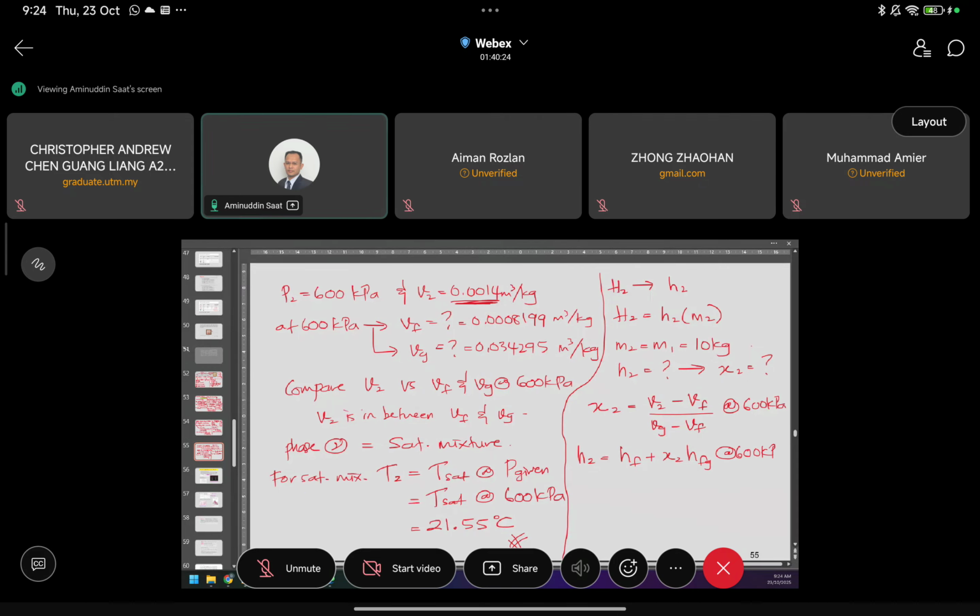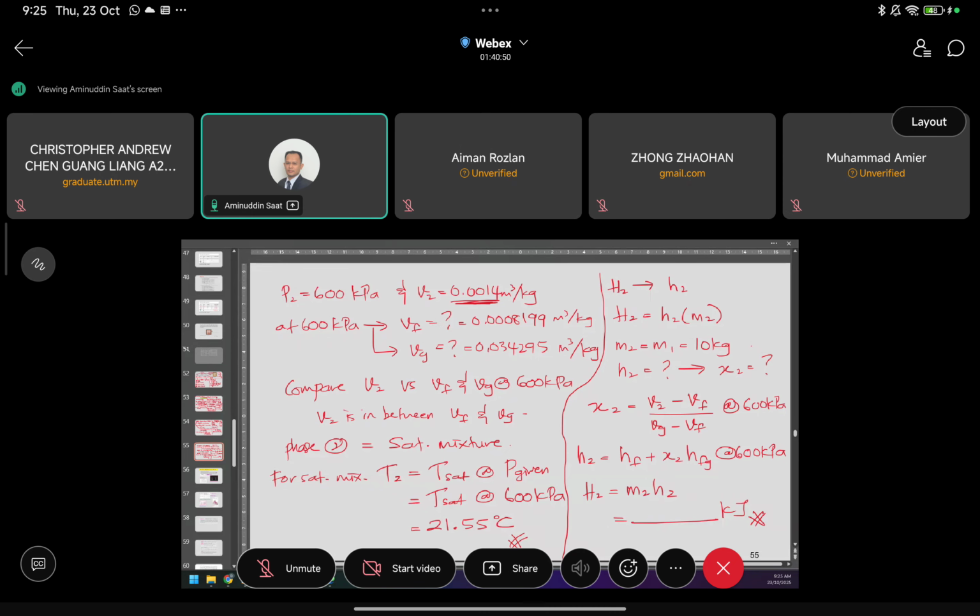Okay, so then you can find the H, by multiplying M2 with the H2. Okay, all right. So I think you can continue the exercise until you get the value.